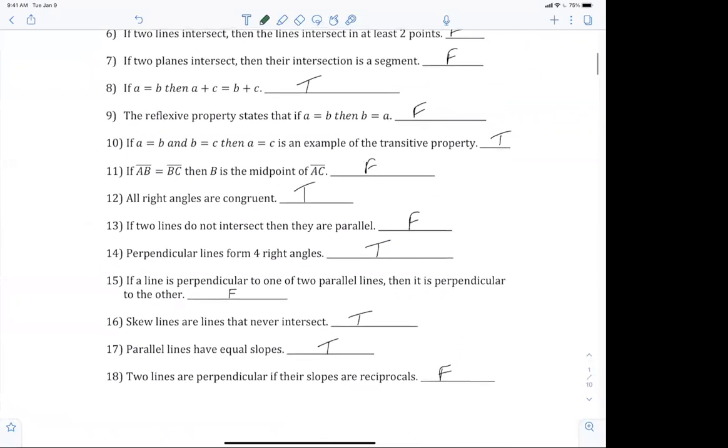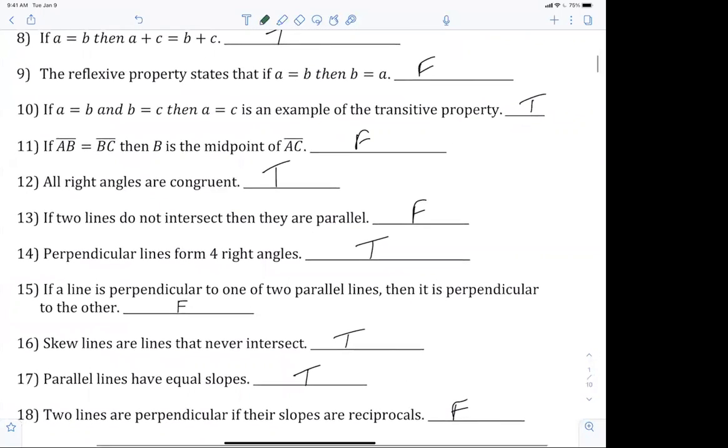Number 11. If AB equals BC, then B is the midpoint of AC. How is that false? I thought it was true. I know, it's not true though.